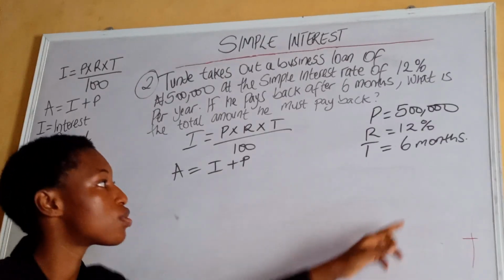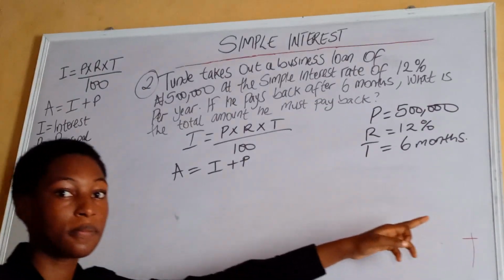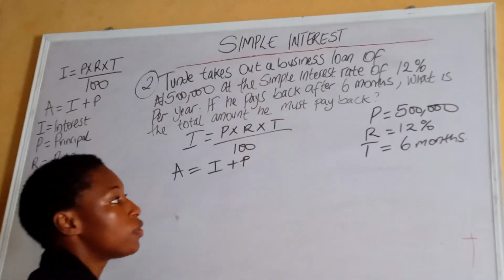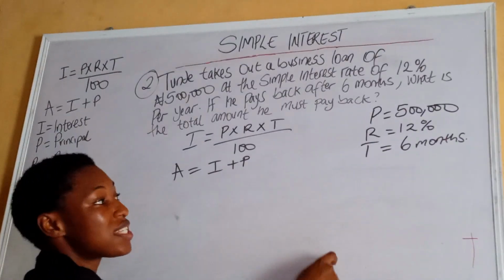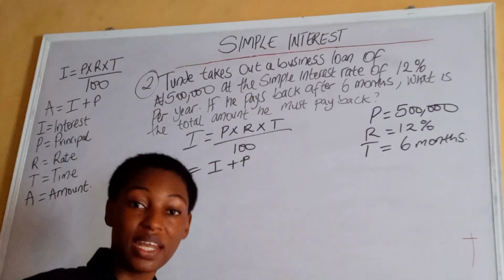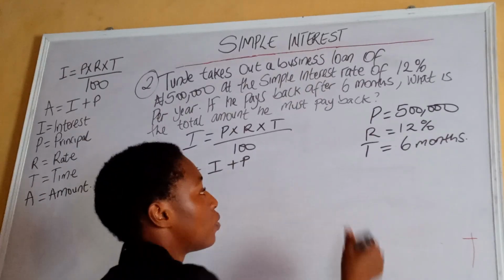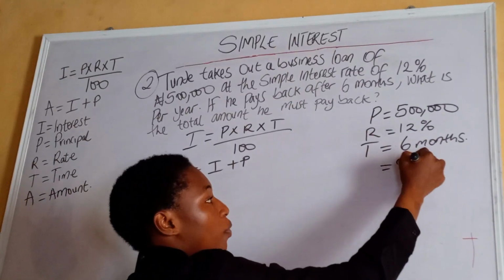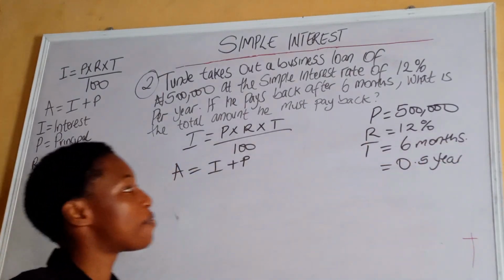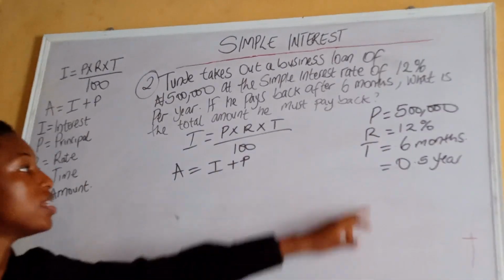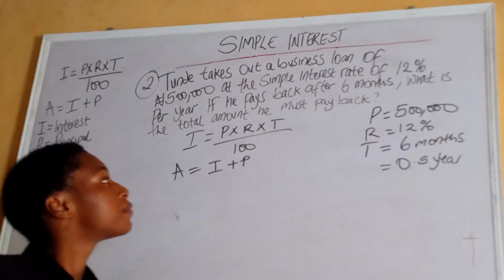So that means you have to convert 6 months to years. 12 months make a year, so 6 months will make half of a year. And half is 0.5, right? So our time is 0.5 years.